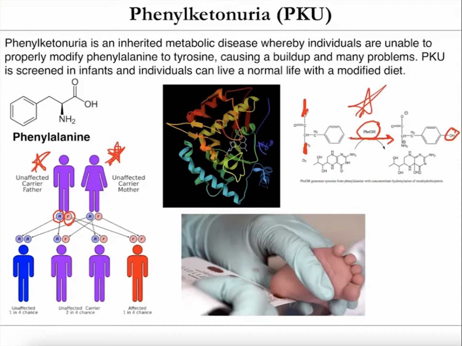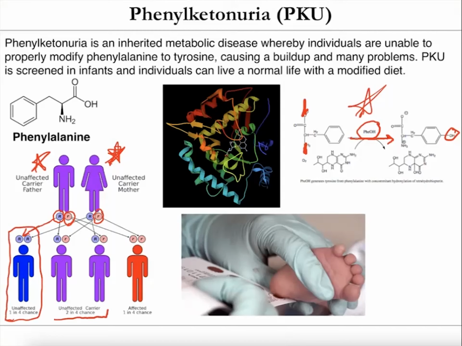Now, when two carriers have kids, you have a 1 in 4 chance that your kid is going to be completely unaffected and not a carrier because they inherited both dominant correct forms of the protein.